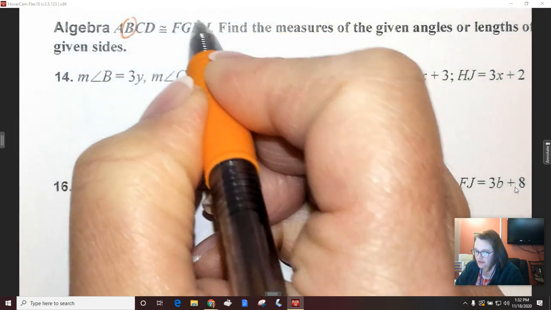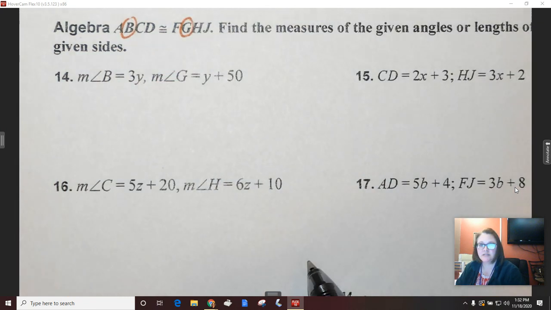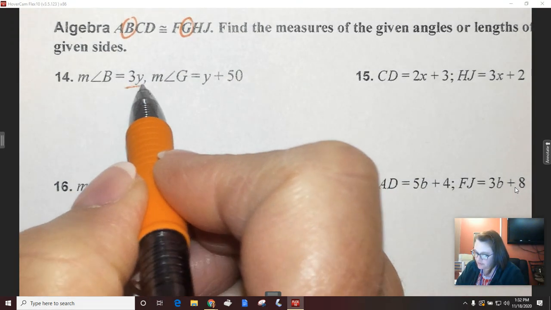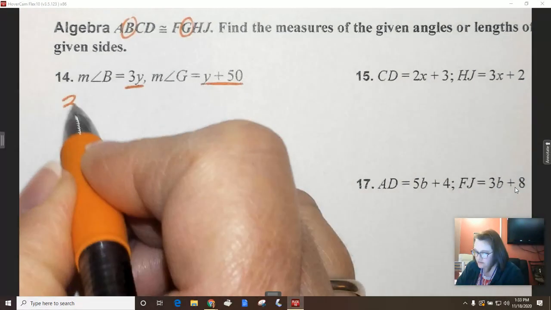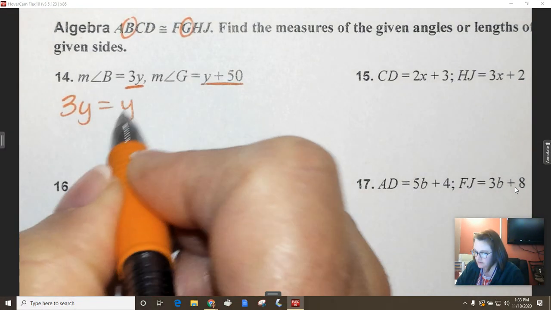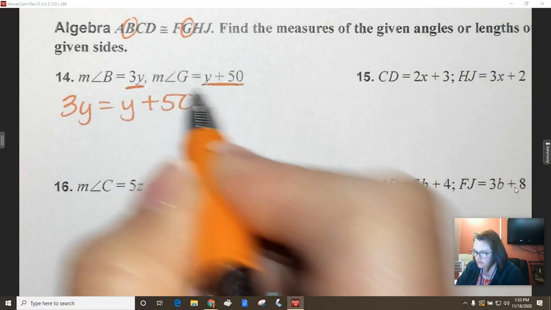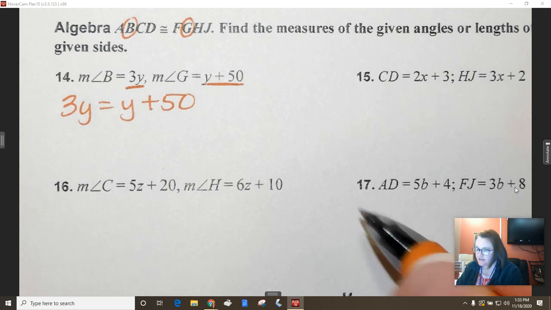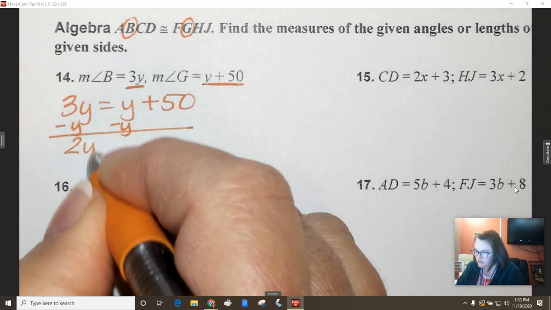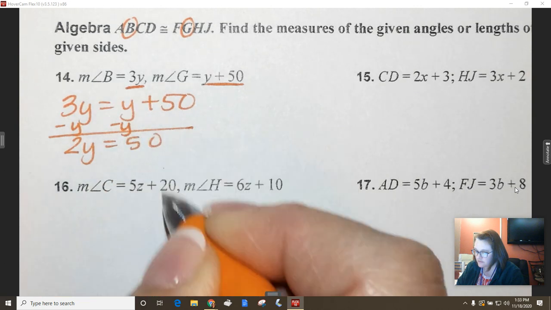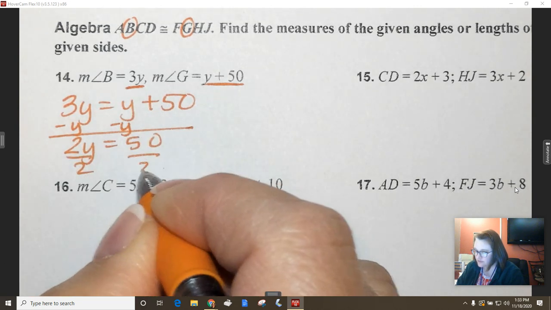Well, angle B and angle G are in the same position in the name, so that means they're corresponding, so they are congruent. If they're congruent, then this expression has to equal this expression. And then to solve this, I'm just going to move the smaller y over and divide by 2.